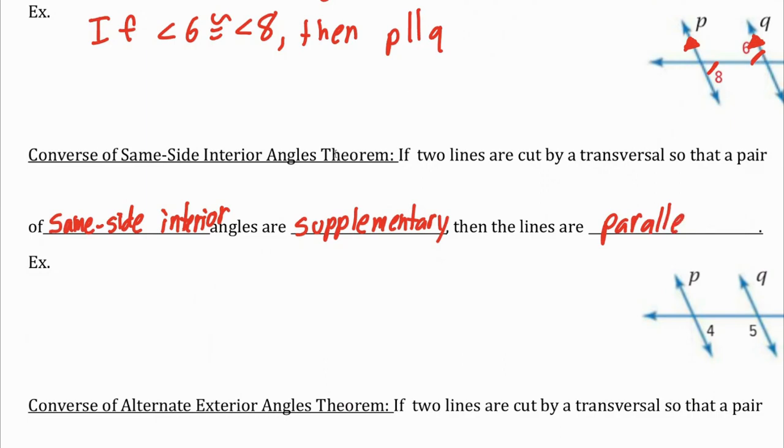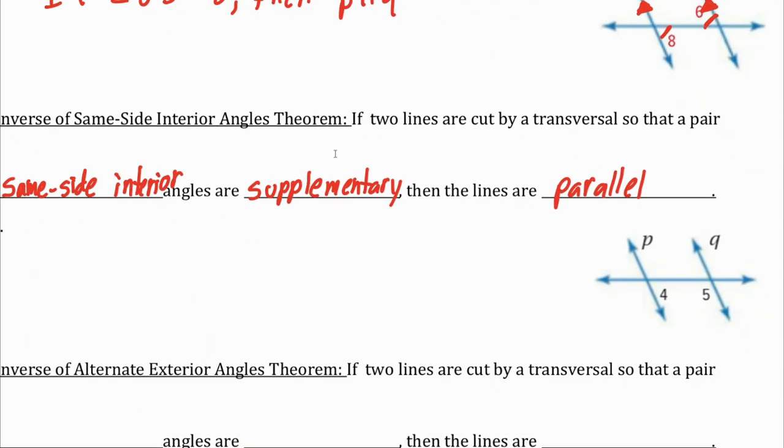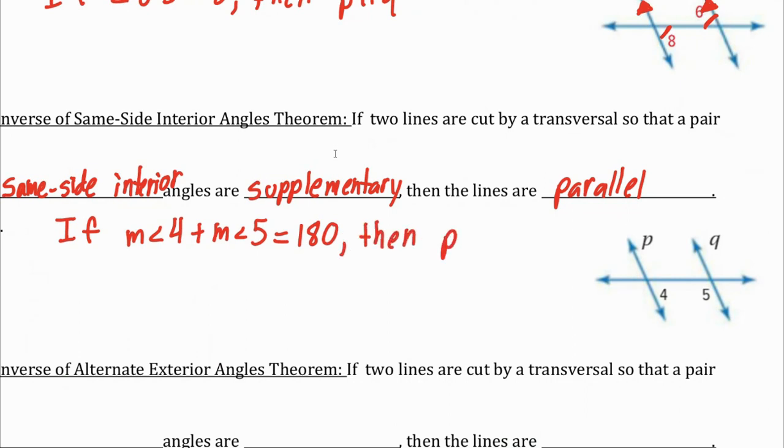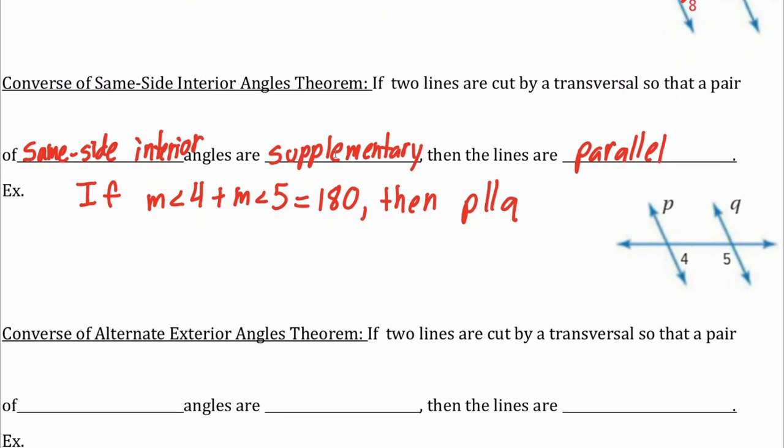We have these two angles here, angle 4 and angle 5. They are same side interior angles. So if the measure of angle 4 plus the measure of angle 5 is equal to what? What does supplementary mean? It would be 180. Then that allows us to say line P is parallel to line Q. Again, that's the one situation where we don't want them to be congruent. We want them to be supplementary.